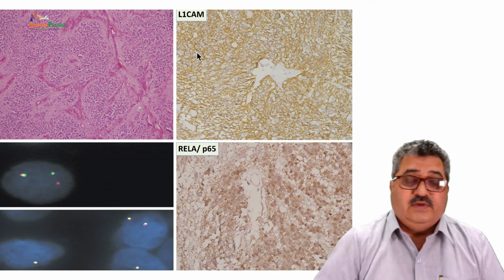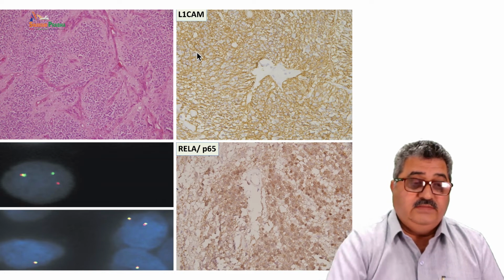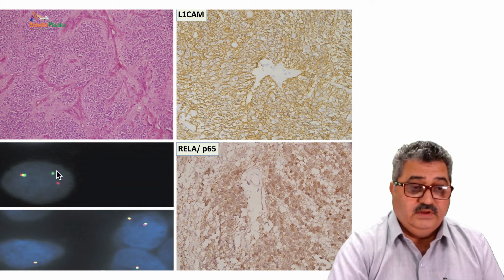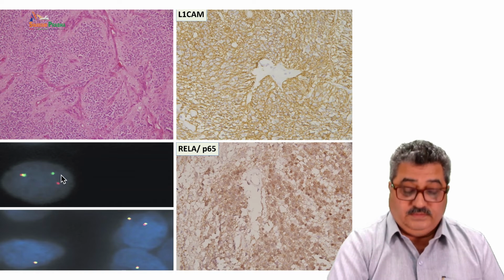Now there are surrogate markers for the RELA fusion, which are L1CAM or the p65 NF-kappaB pathway. But the best is FISH. One can use break-apart probes, and one can diagnose these cases as RELA fusion.